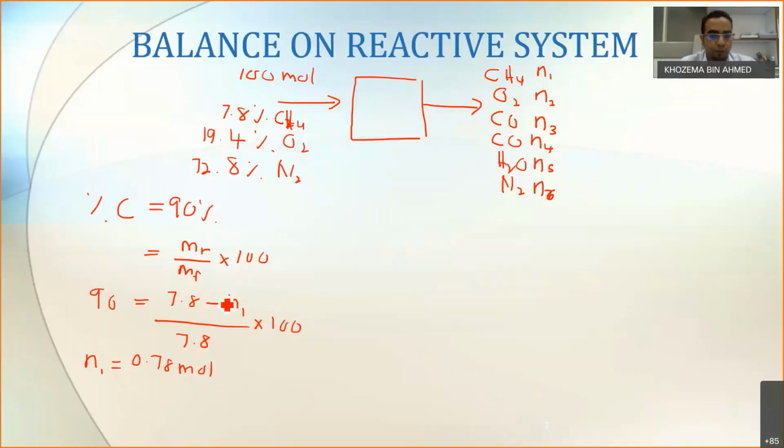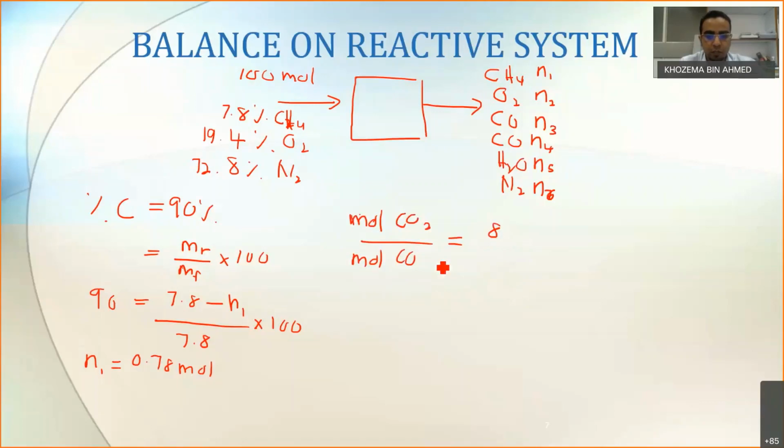The next thing we were given was the ratio, the selectivity, between CO2 and CO. The ratio of mole of CO2 over mole of CO is equal to 8.